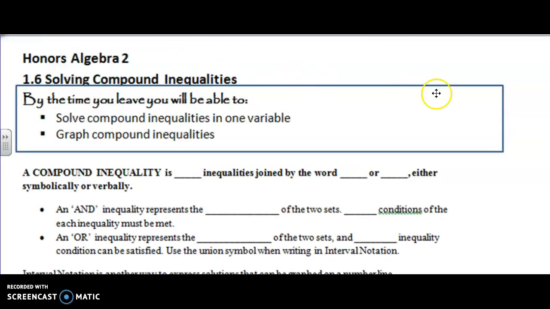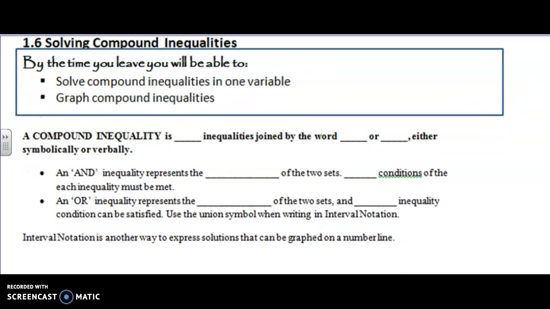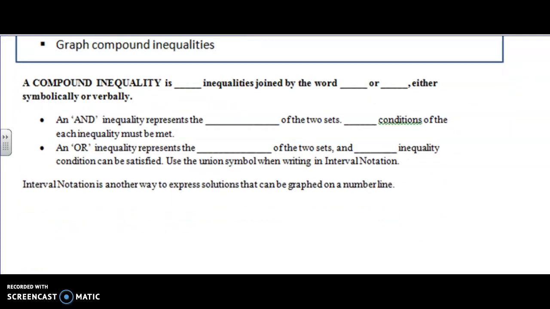So we're going to go through some notes about solving compound inequalities. Compound inequalities are two inequalities that are joined by the words, you probably guessed it, the word and or the word or, either symbolically or verbally. So in symbols, we can show it's an and.